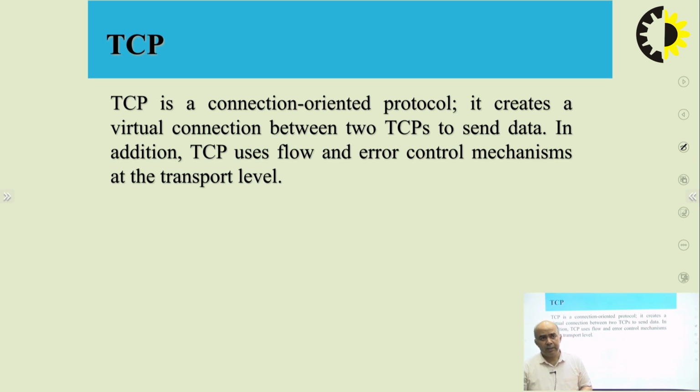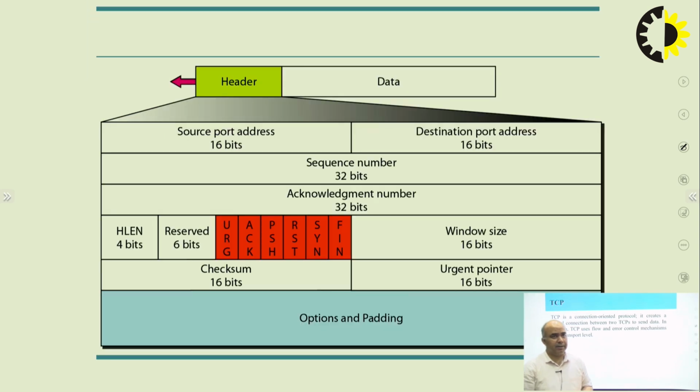As I already told you, in TCP there are certain well-known ports, and on the basis of those ports we can send a request directly to that portion on the server side.